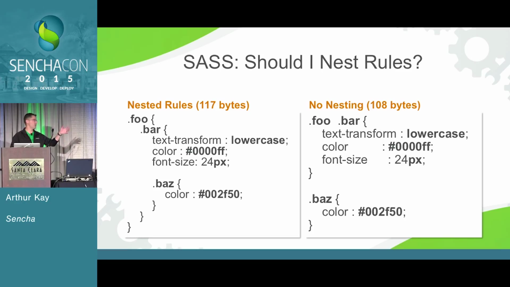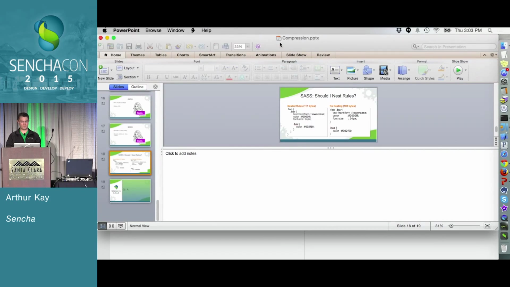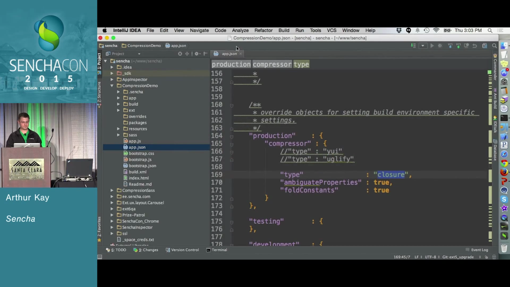And then baz, we don't really care if baz inherits anything, so we're just going to leave that on its own. And just the code you see here on the screen, there is a whopping 9 bytes worth of difference, which I know you're like, yes, 9 bytes. But let me show you what the output of that CSS physically looks like.